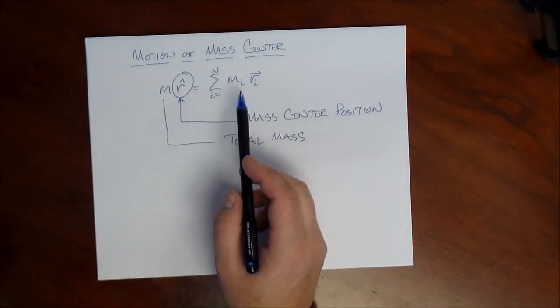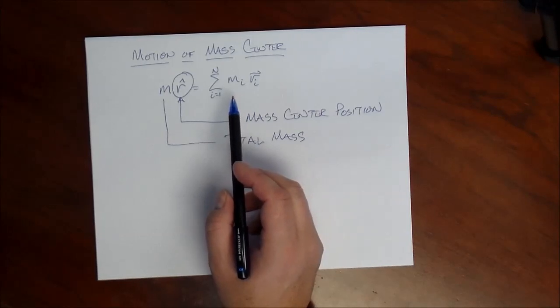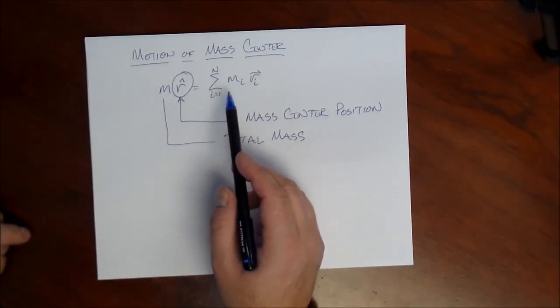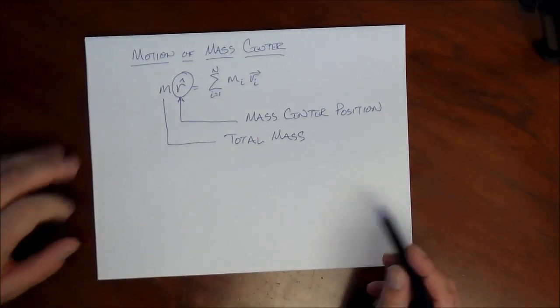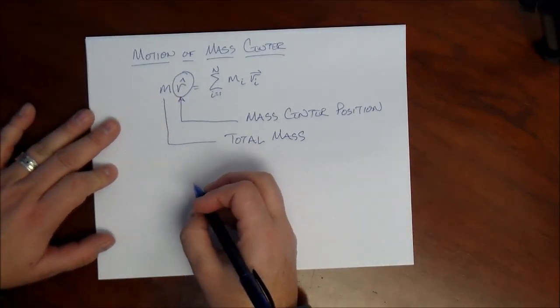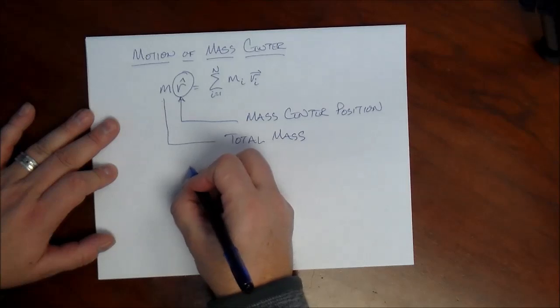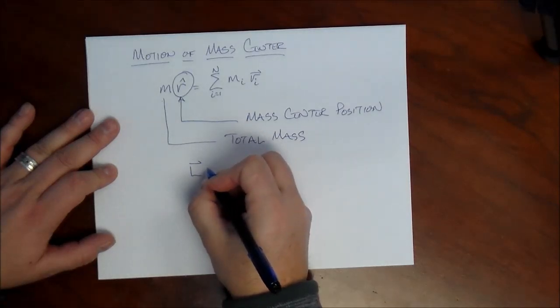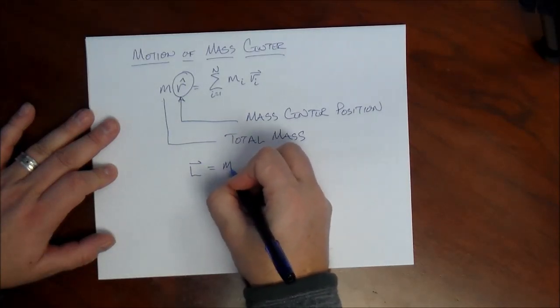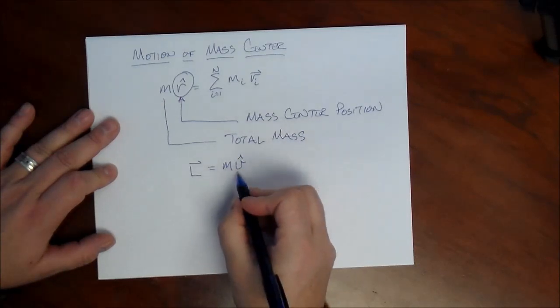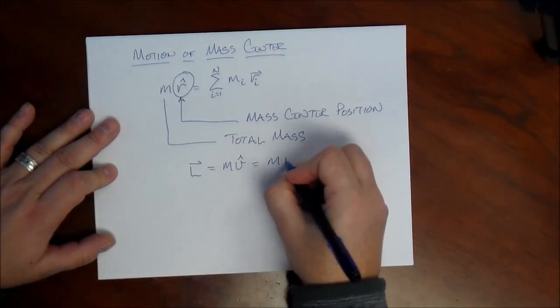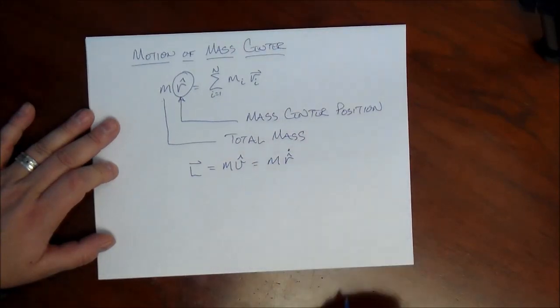Okay? Now, if we use this definition for the mass center, we can write our two equations of motion in a new way. That is, by noting that the linear momentum for the system is equal to the mass, capital M, total mass of the system times v hat, the velocity of that mass center, which is M times r hat dot.